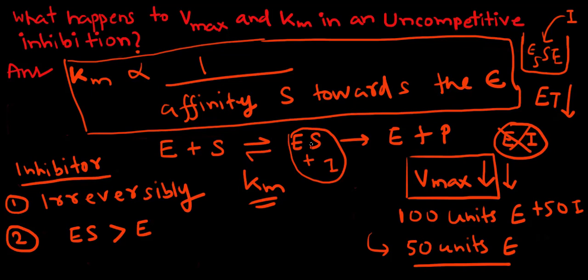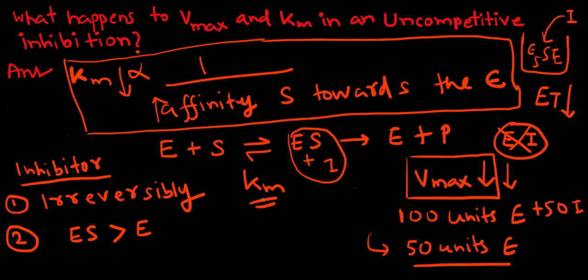So in a way, it is increasing the affinity of the substrate towards the enzyme, right? So what is going to happen to the Km? Km has to go down, right?